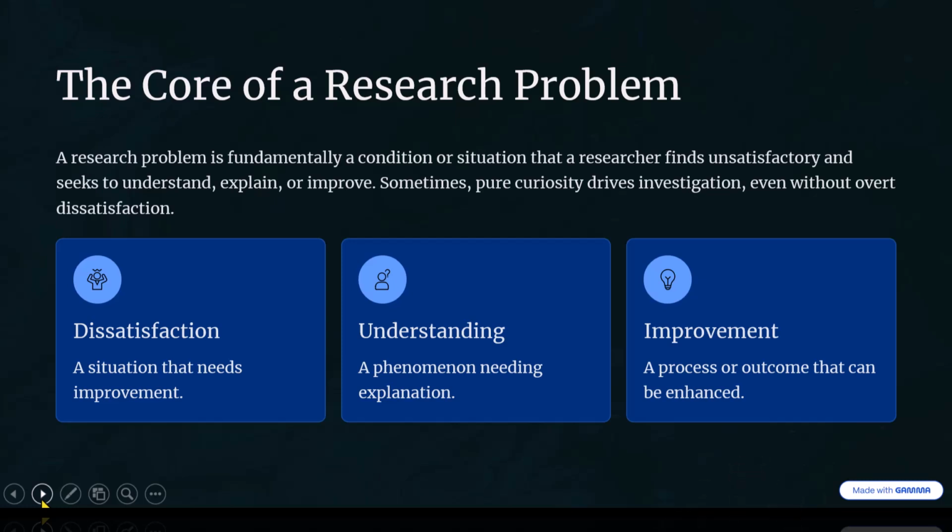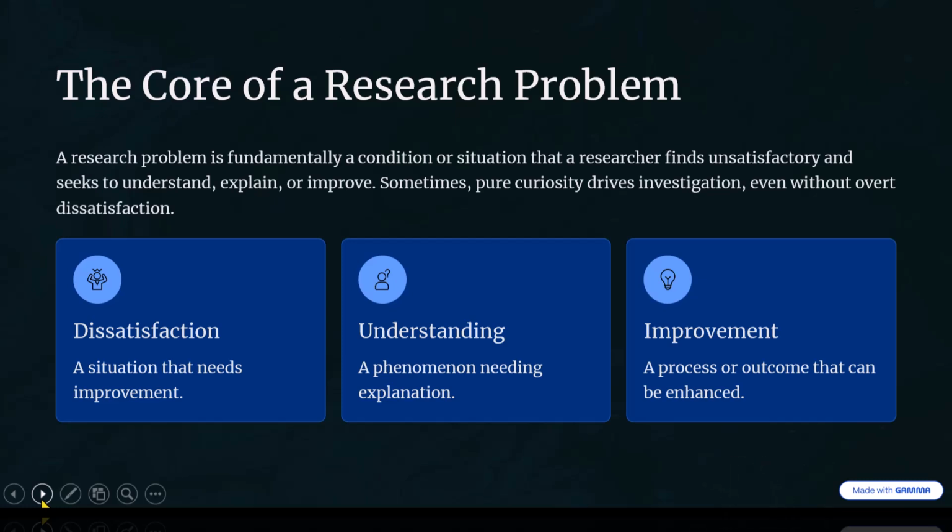If you are trying to understand it, it's going to be a study that is focusing on a survey. It could be qualitative, it could be quantitative. You know, if you are trying to explain it, you are talking about how factors can actually predict it and all of that.